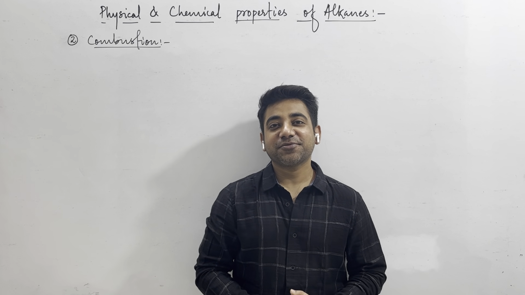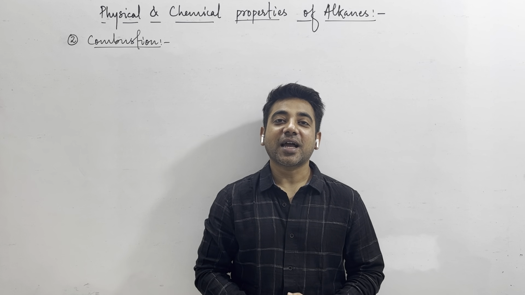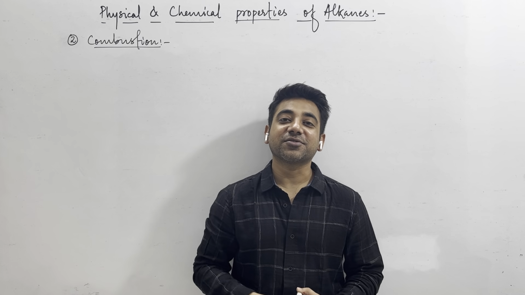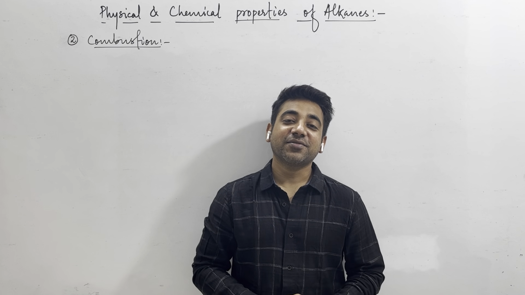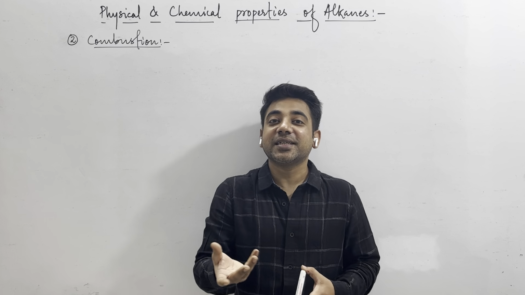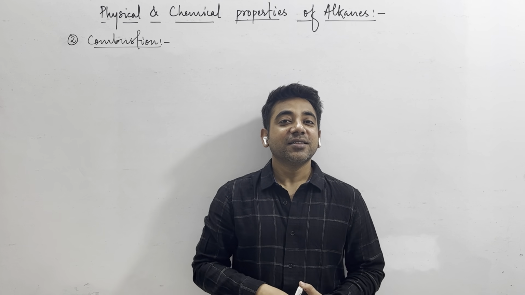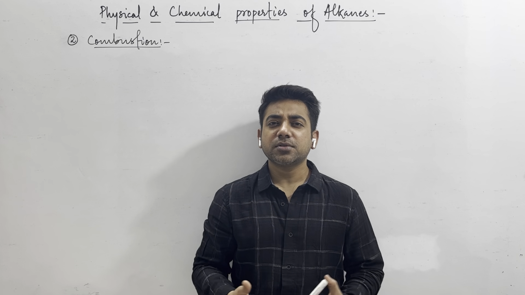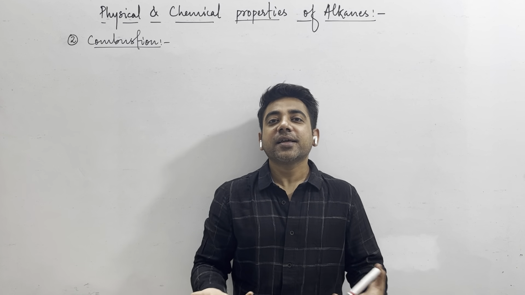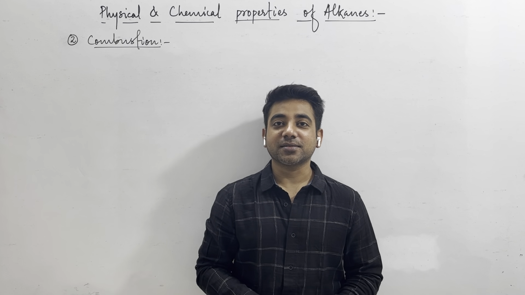In your kitchen, if you stand near your gas stove, the combustion going on there is of butane. Same way, think about combustion of CNG. It has methane gas in it. The major constituent of CNG is methane. Same way, kerosene, petrol, these all contain alkanes only, and they are undergoing combustion reaction.